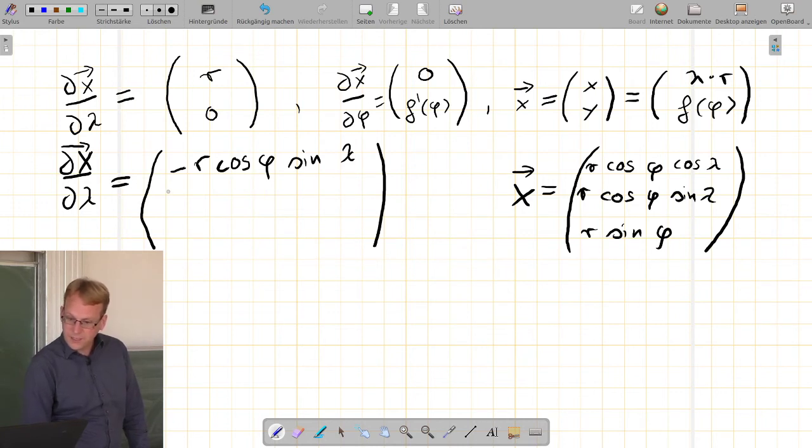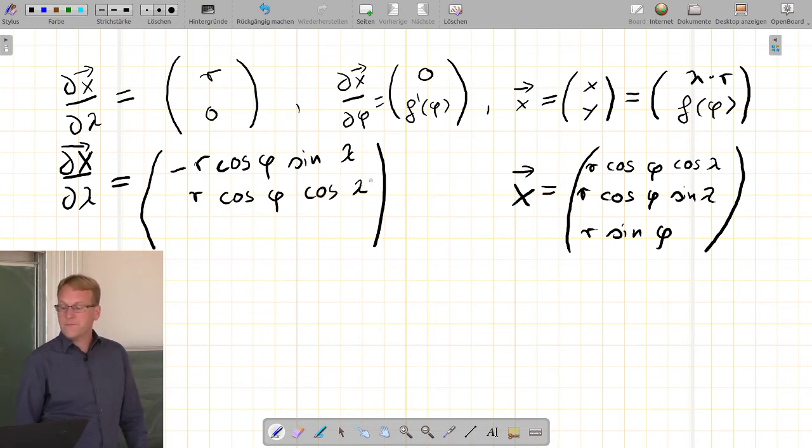And here we would have r cosine phi cosine lambda, because the derivation of sine is cosine. And finally, the third row, there we don't have any lambda, so that is simply 0. So that is nice.